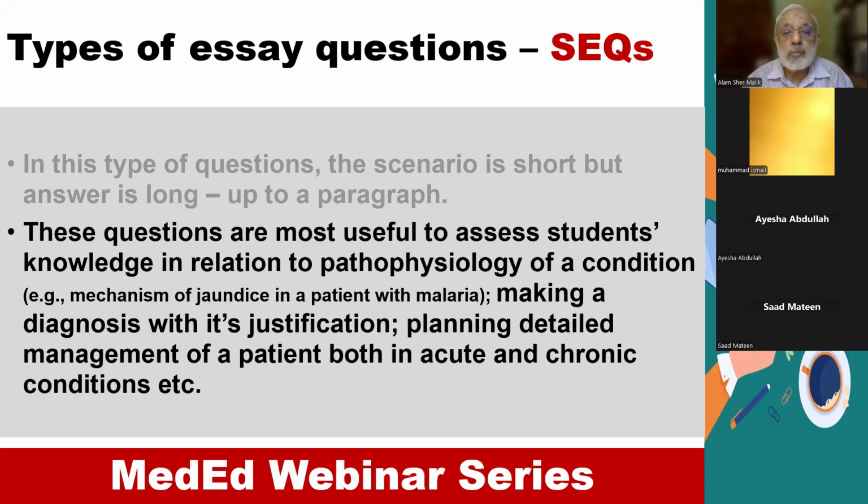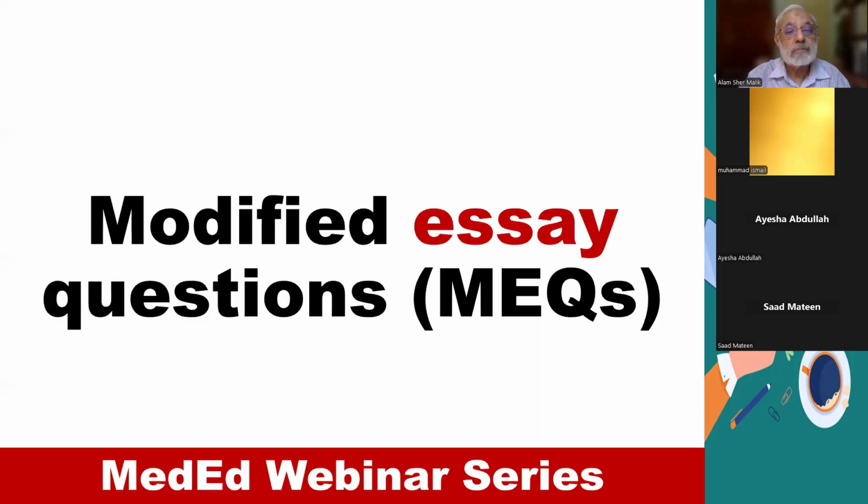And these questions are most useful to assess students' knowledge in relation to the pathophysiology of a condition. For example, the mechanism of jaundice in a patient with malaria, making a diagnosis with its justification, planning detailed management of a patient in acute and chronic conditions. So these are situations where short essay questions can be very useful for assessment of students objectively.